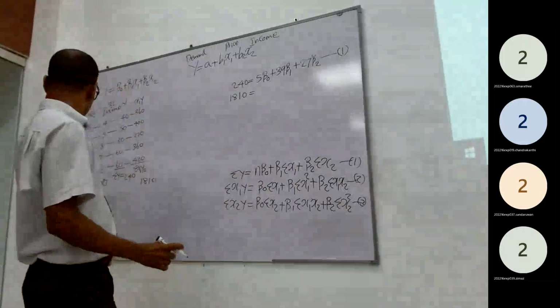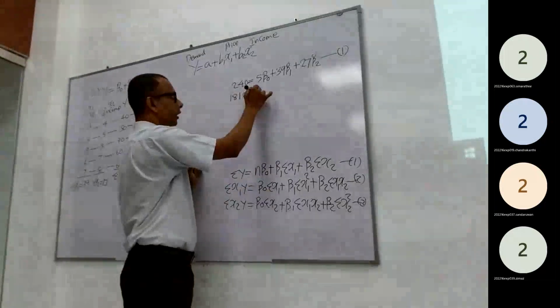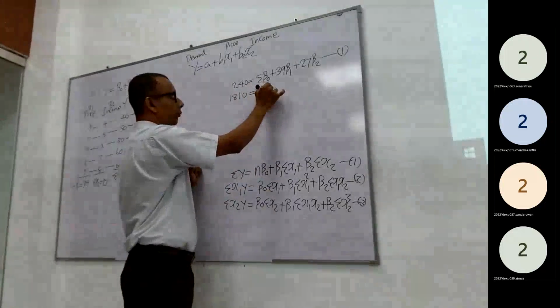Sigma x1 you have already calculated: 39 beta 0.